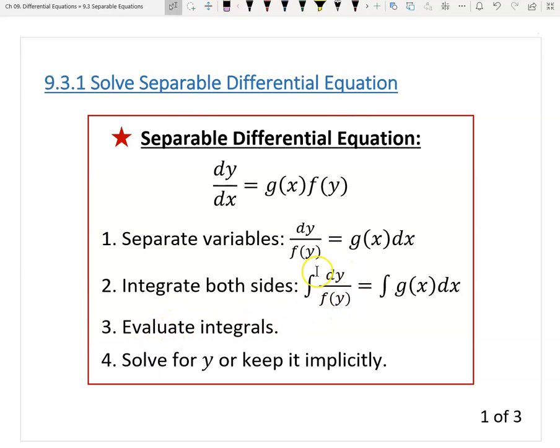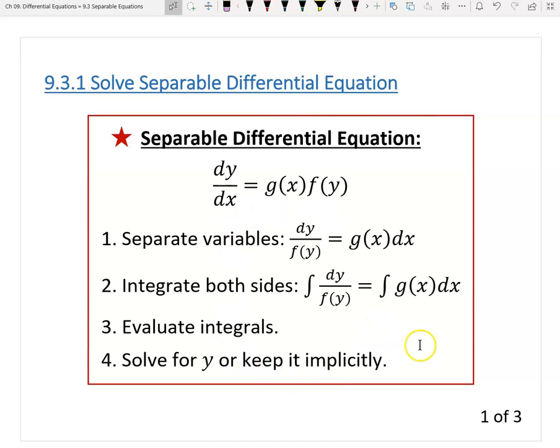After evaluating, we get another equation without a derivative. Then we can just solve for y from that simple equation, or if we cannot solve for y, we just keep that implicit equation to tell the relationship between x and y. So here is the method for the separable differential equation.